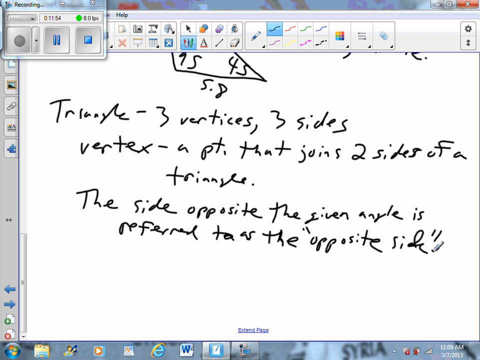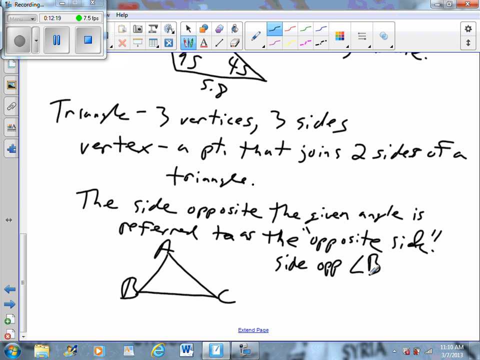Software's not working for me too good here. All right, so if I have a triangle here, I'm going to call this A, B, C. All right? If I were to refer to the side opposite of angle B, what side would I be talking about here? It would be side AC. Okay? Because here's your angle. The side opposite would be AC.